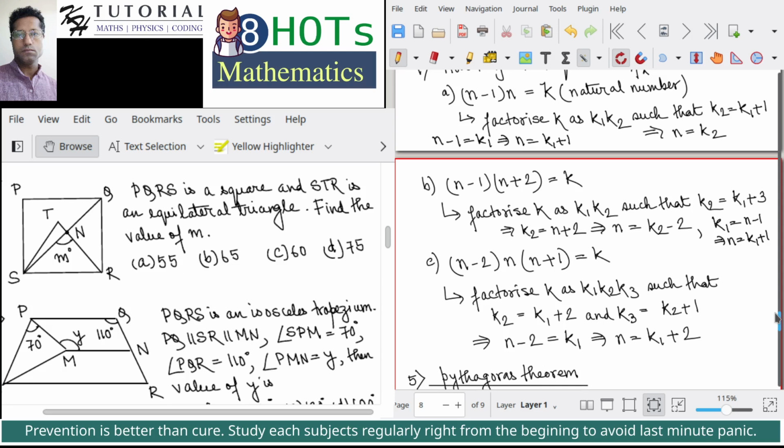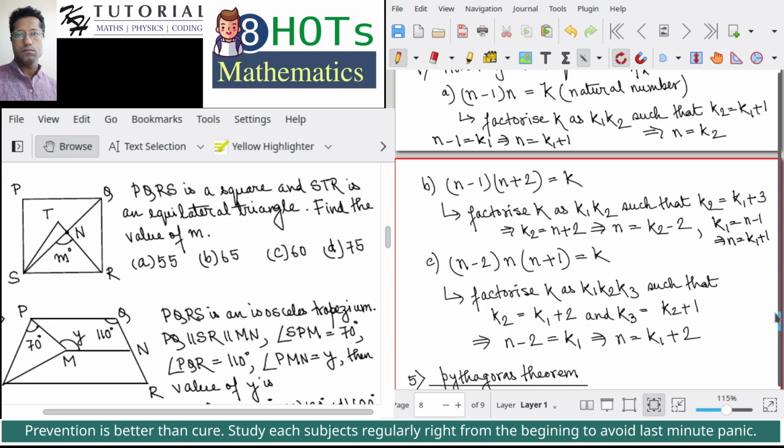K3 will be 1 more than k2, that is k3 will be k2 plus 1. If you can find these k1, k2 and k3, then definitely we will have n minus 2 equal to k1, n equal to k2, and n plus 1 equal to k3.